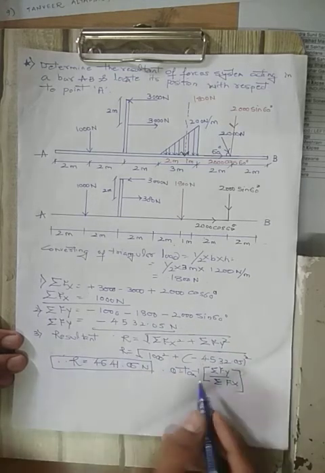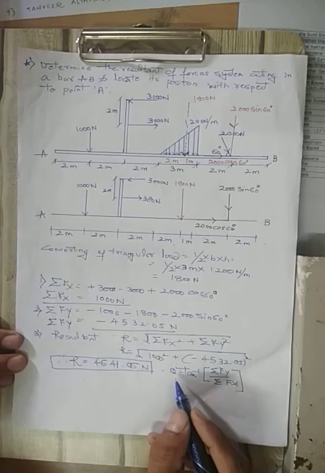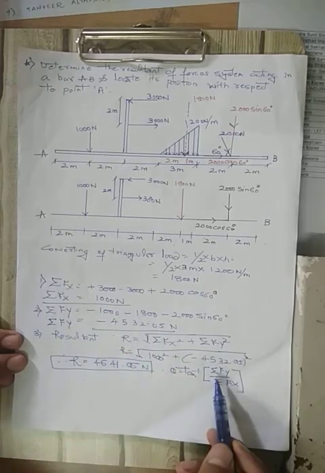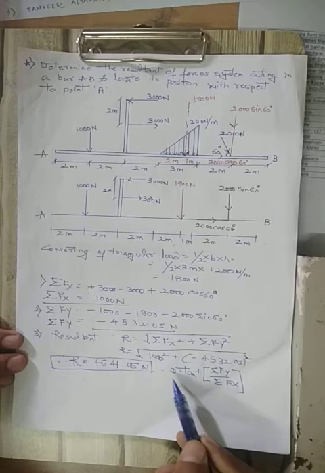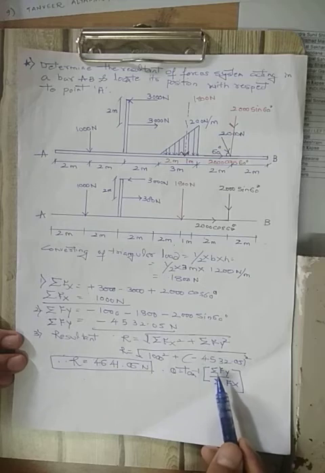While finding out theta, we should not use the minus or plus sign, because theta we are finding will always be positive. Even though Fy is negative, we should not use the negative sign here. We will directly use the positive sign.